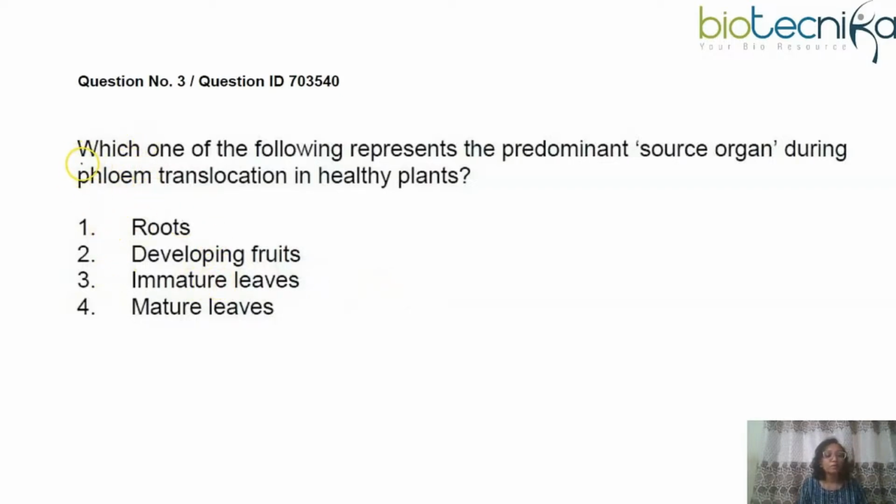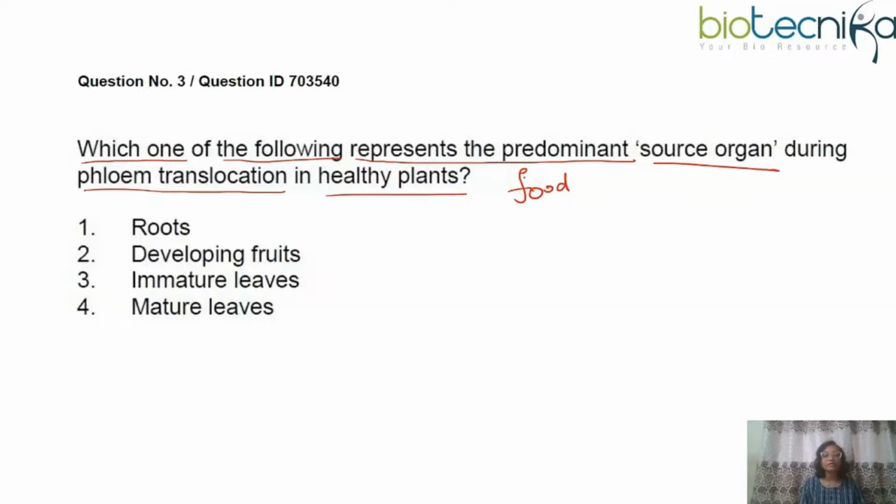Which one of the following represents the predominant source organ during phloem translocation in healthy plants? So in a healthy plant, which of these acts as the main or predominant source organ during translocation of phloem? That means during the transport of food. When the food needs to be transported, which of these acts as a source organ?